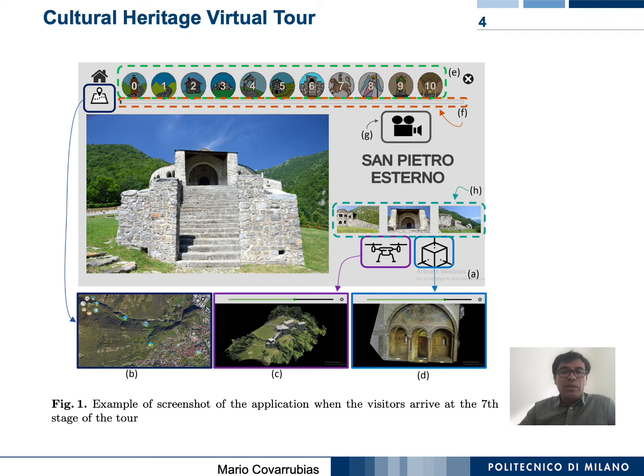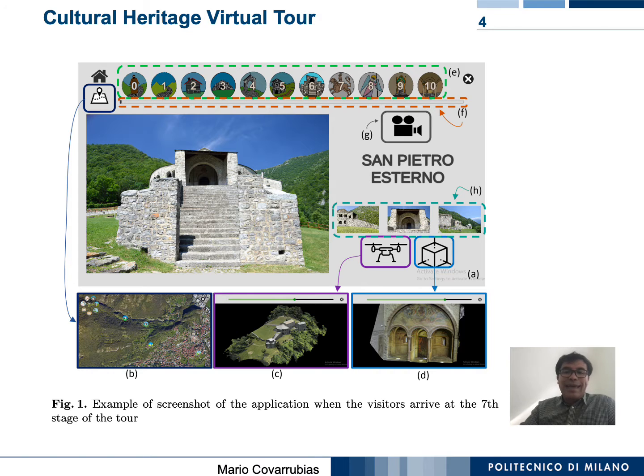The San Pietro al Monte project aims to be an interactive and inclusive tour that virtually guides the visitors from the starting point at La Casa del Pellegrino, placed in the Civate village, to the Basilica of San Pietro al Monte. The application has been developed using Unity 3D.